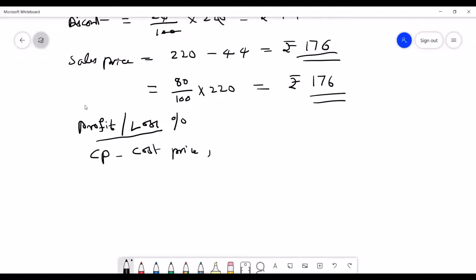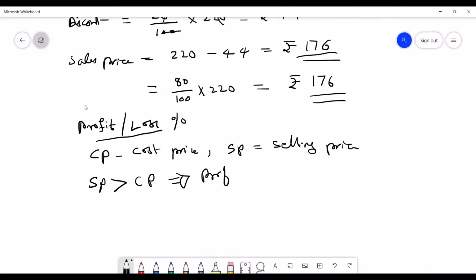Same way, SP, let us see it as selling price. If this selling price is more than the cost price, then we can say that there will be profit. And if the selling price is less than that of cost price, then there will be loss.